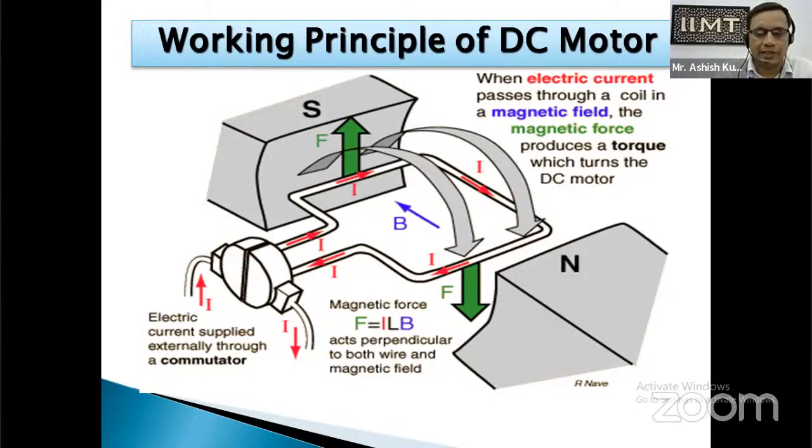The magnitude of force is given by the formula BIL sine theta, where B is again the flux density, L is the length of the conductor, and I is the magnitude of current passing through the conductor coils.